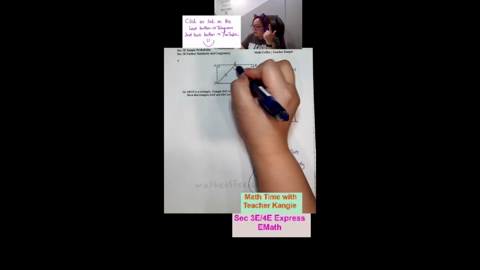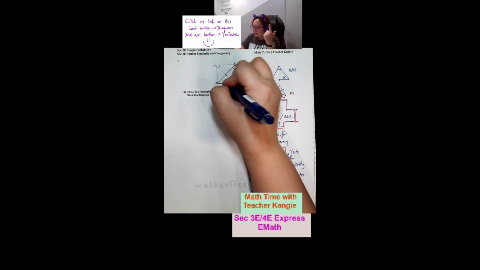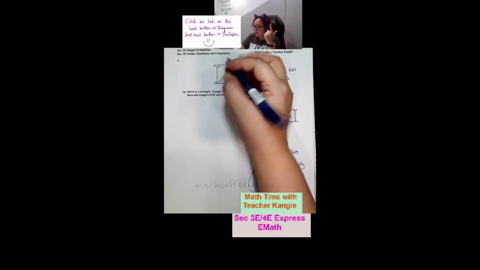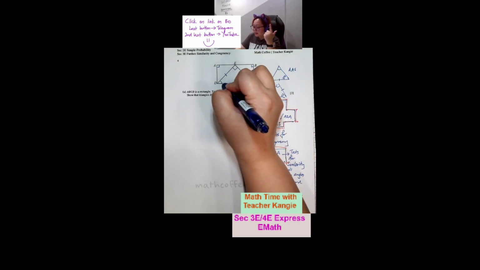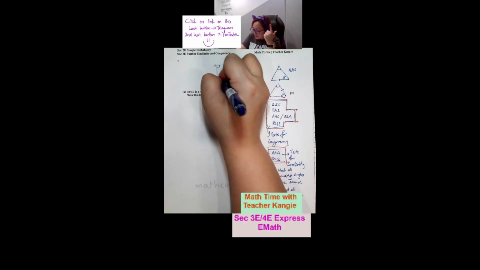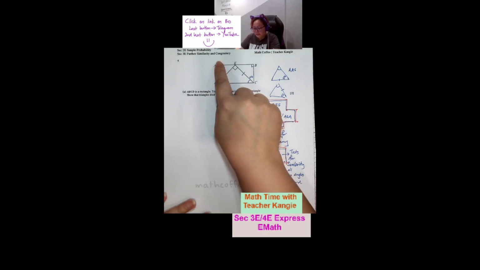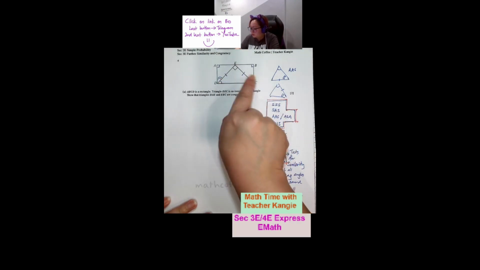Now, because they tell us this is an isosceles triangle, this angle and this angle are the same. Agree? And because the corner is 90 degrees, 90 minus the same angle and 90 minus the same angle means this angle and this angle are the same. So you can see that these two angles are the same.